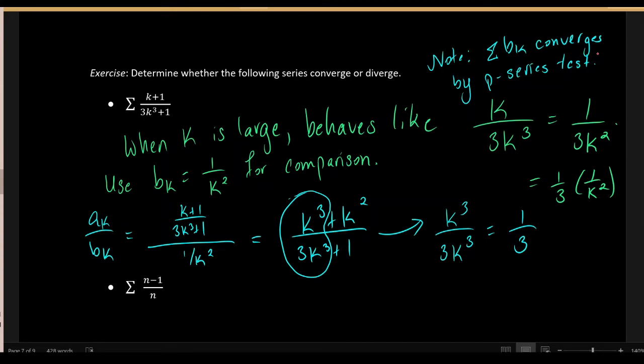So our original series must converge as well, by the limit comparison test.